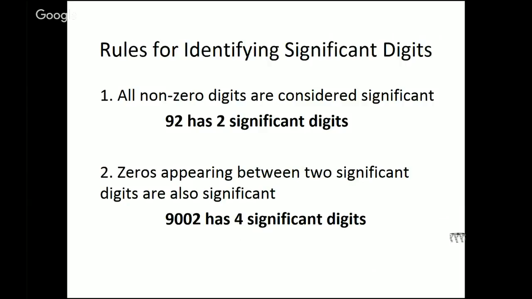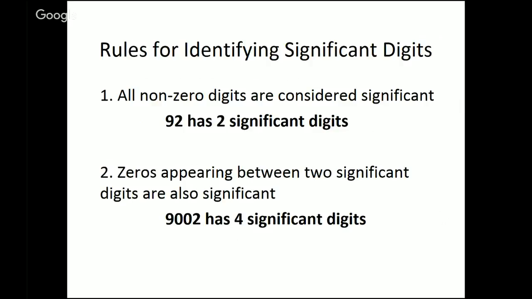All right, so there are three major skills that are involved with sig figs. And the first one is simply recognizing which digits within a number are considered significant. Now remember, when I say significant, I don't mean important. All of the digits within a number are important.